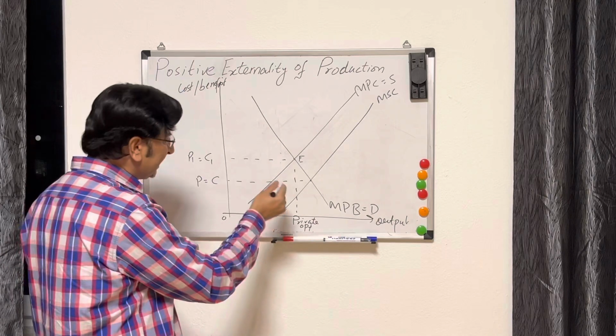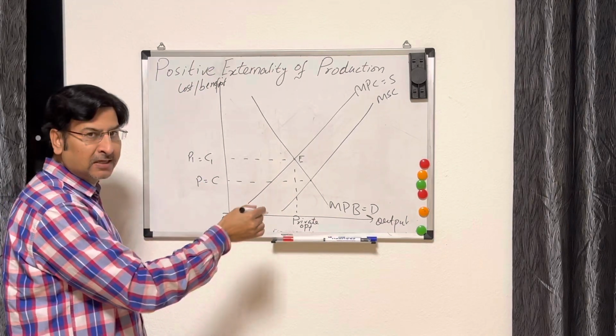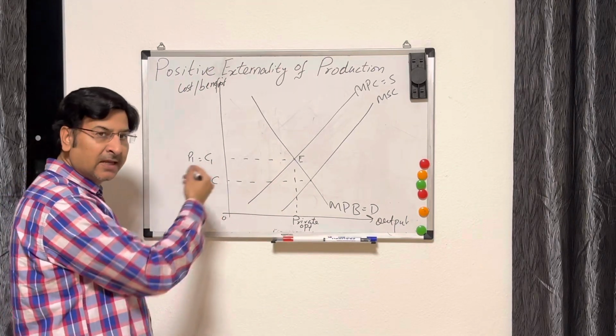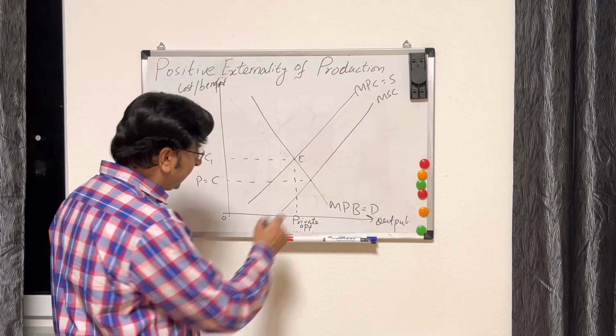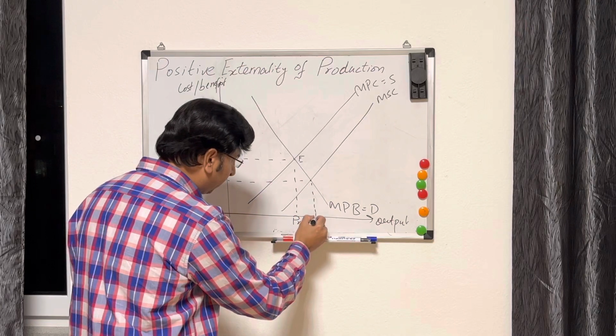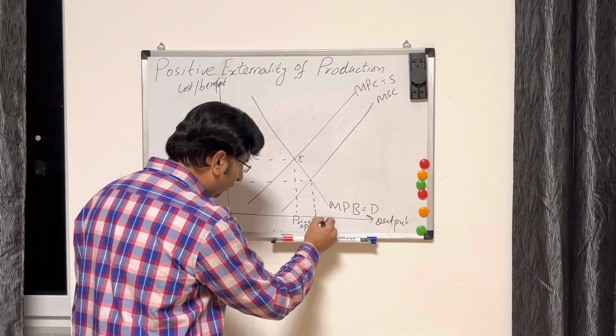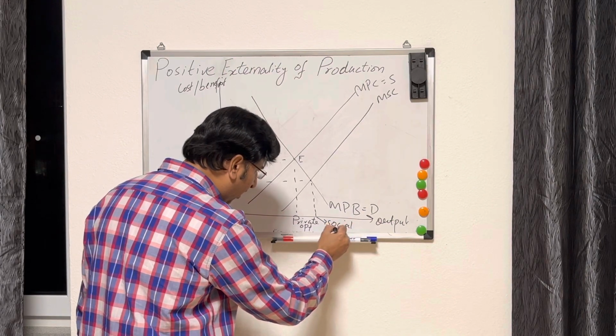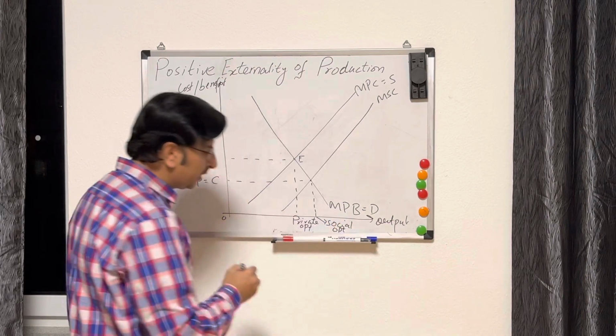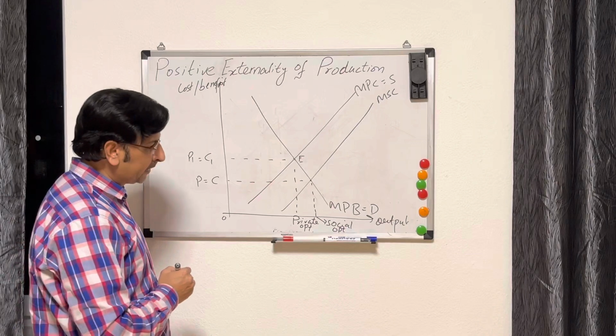So you can see that the cost incurred by the society is lower in this case than the cost paid by the private sector. And this is the point where the society is at its optimum point. So we call it the social optimum point.